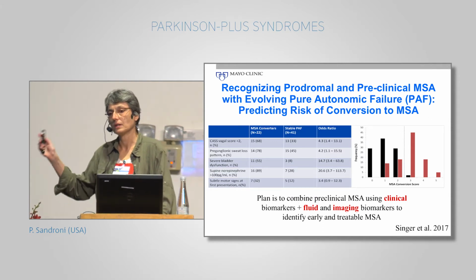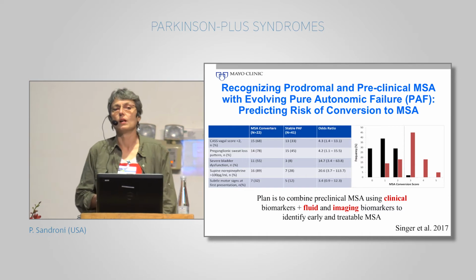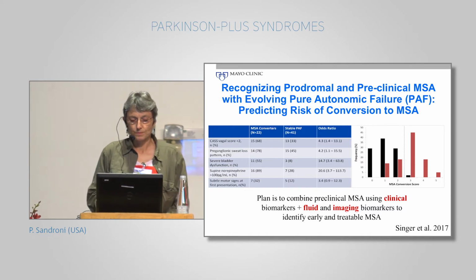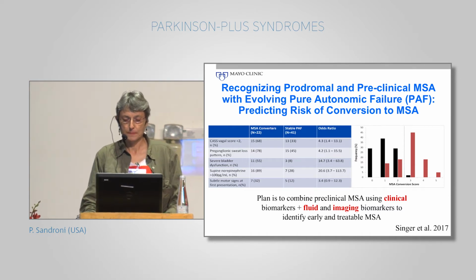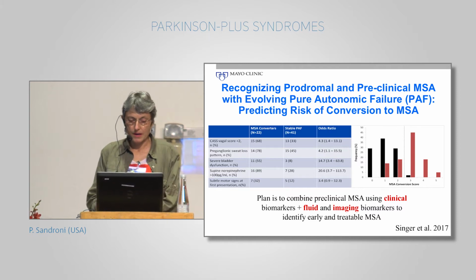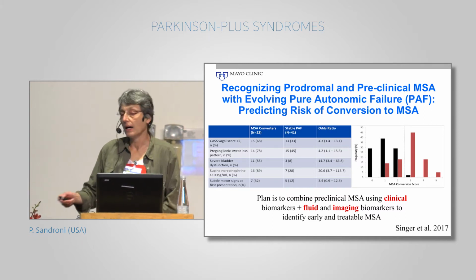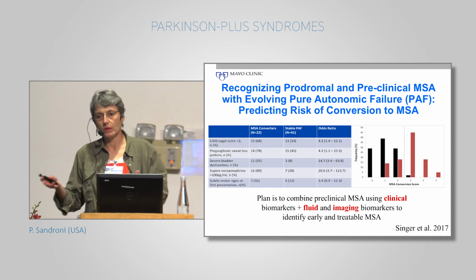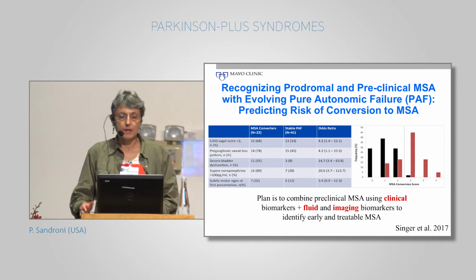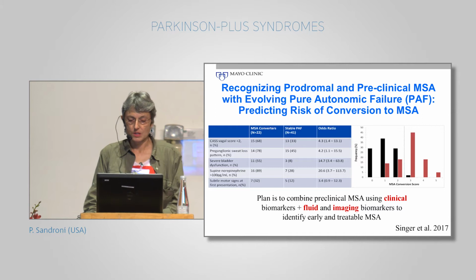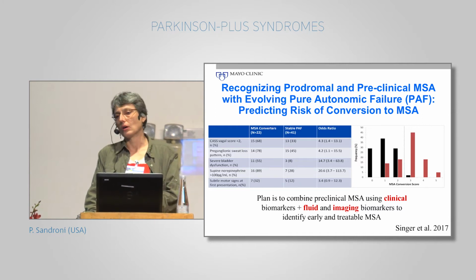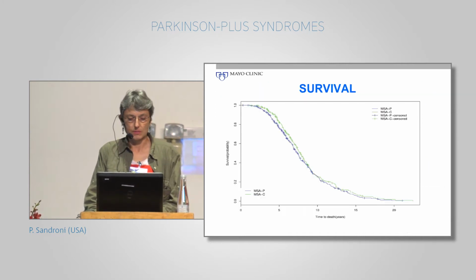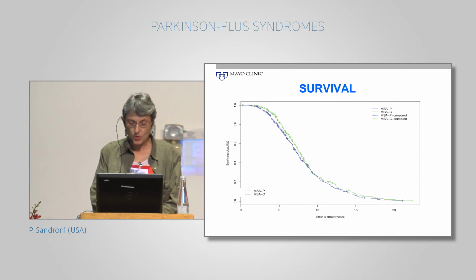If they are above 100, they probably will evolve into multiple system atrophy. And we have this CAS score, which is an autonomic score we do when we test patients in the lab. If the patient has a more severe score there, they also will predict to multiple system atrophy, but not necessarily.